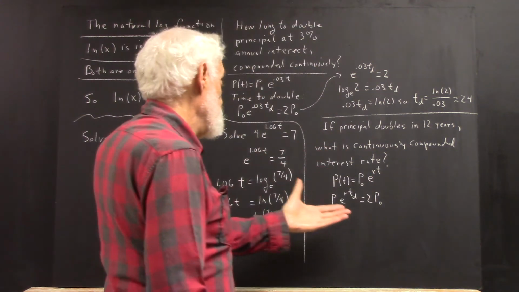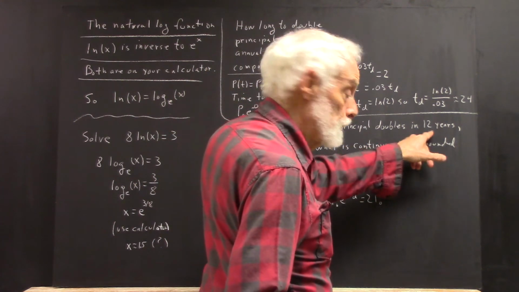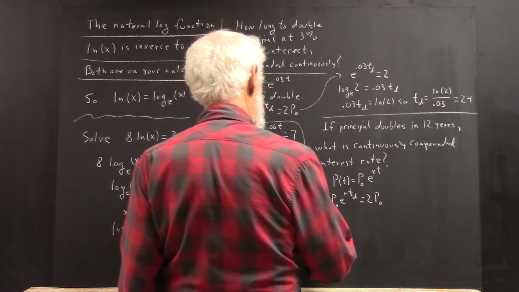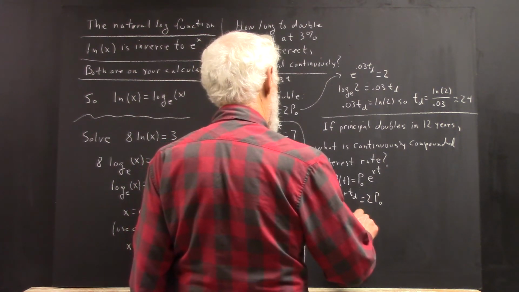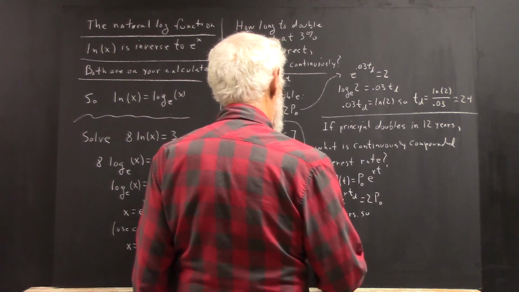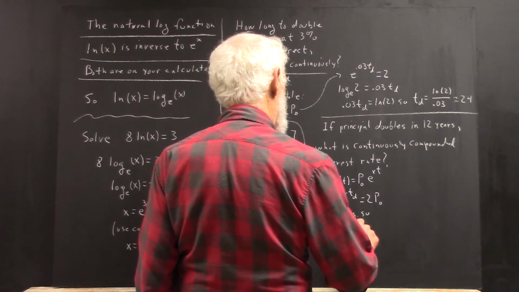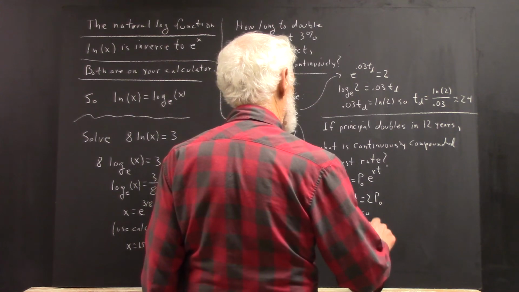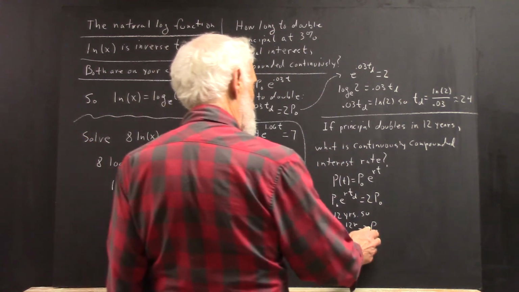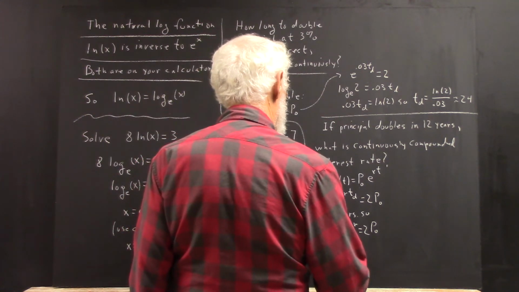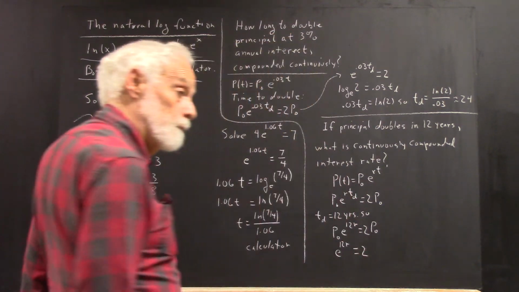Okay, so we have this. What else do we have? Well, the doubling time is 12 years. So we have P naught e to the 12r equals 2 P naught. Divide both sides by P naught, we get e to the 12r equals 2.